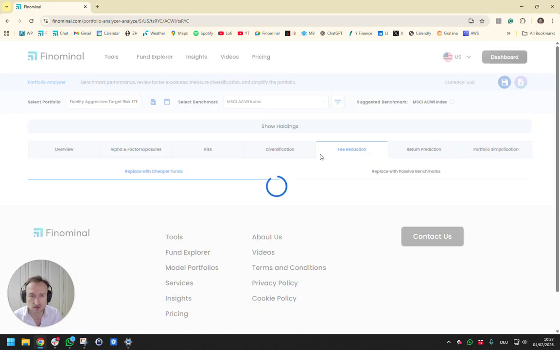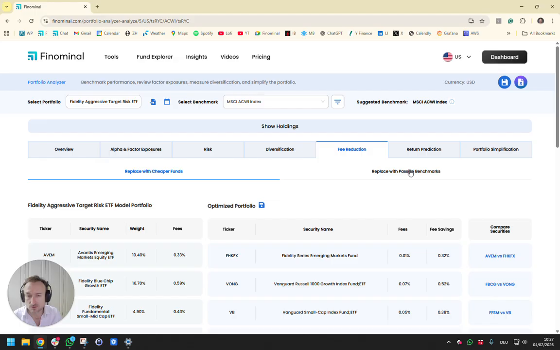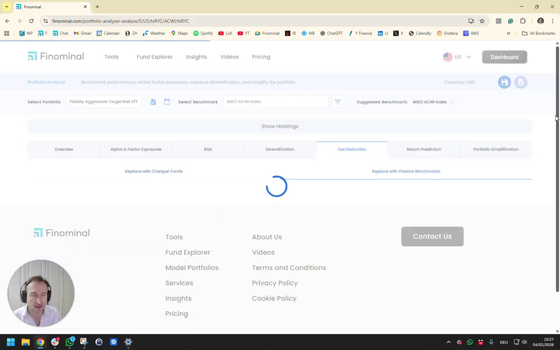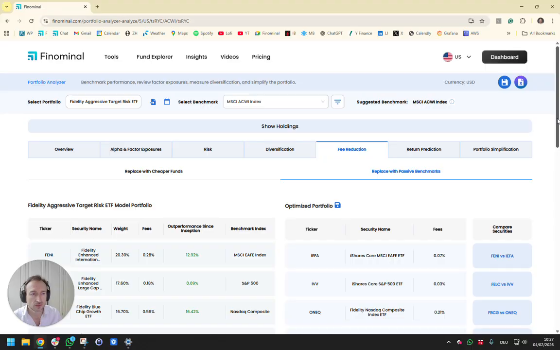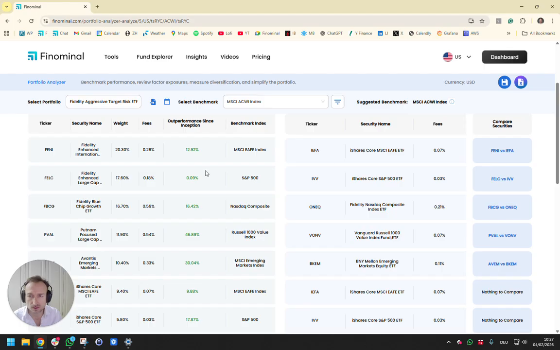Talking about fees, we can investigate if you can reduce the fees of this portfolio. This portfolio has a total fee of 32 basis points, so it is cheap. But we do see that, for example, here is a Fidelity Enhanced International ETF that is charging 28 basis points. And we could replace that with an iShares MSCI ACWI ETF for 7 basis points.